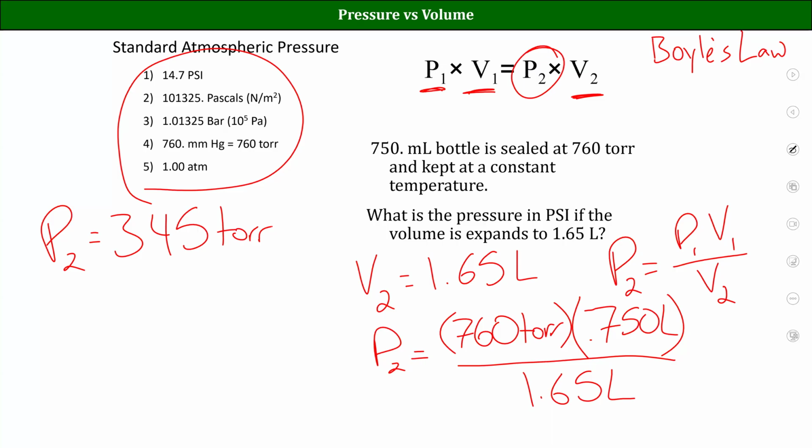Easy enough. Just a little bit of algebra and paying attention to units. The question did ask about our final pressure in PSI, so we have to do a quick conversion. 315 torr.